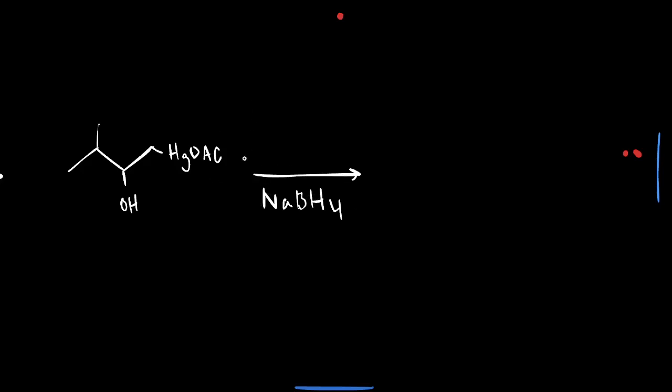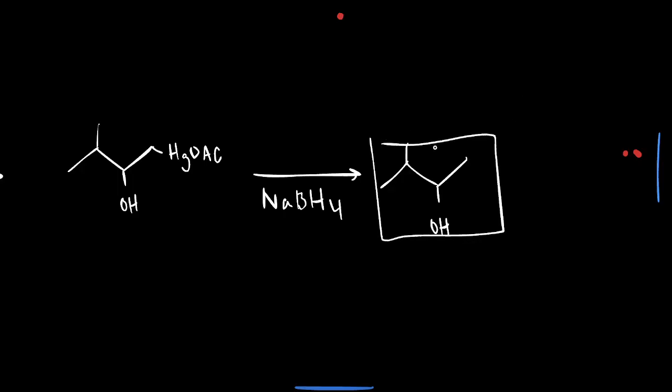Just know that the HgOAc is going to be replaced by a hydrogen from the sodium borohydride, which is going to give us the final product, where we have this alcohol, and remember there's an H here. But again, because this is a skeletal structure or a line structure, we don't tend to include these hydrogens. They tend to be invisible. So this is going to give us that final product that we talked about at the start of the video.